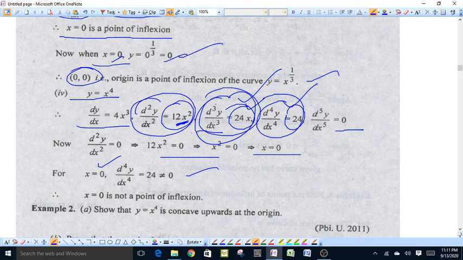For concave upward, d2y upon dx square must be positive.